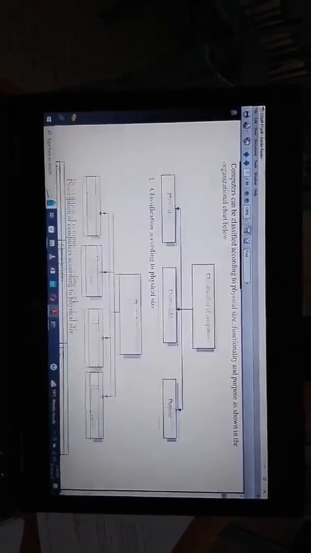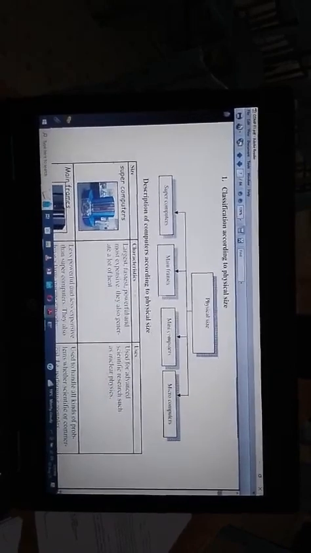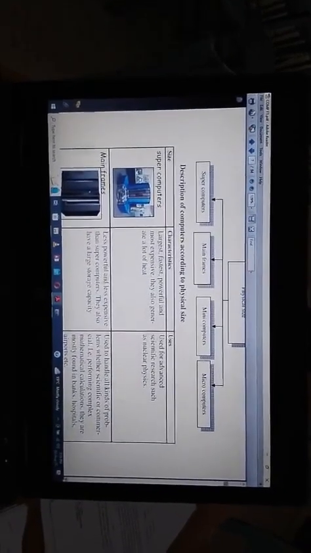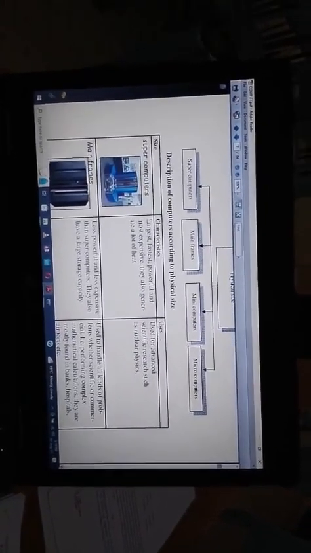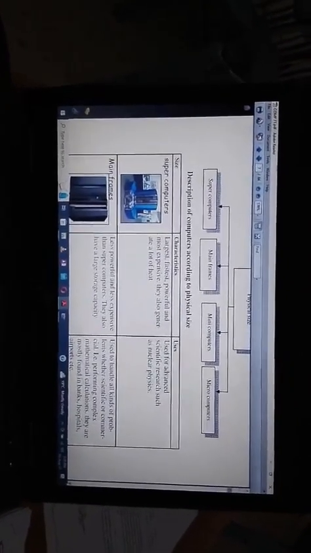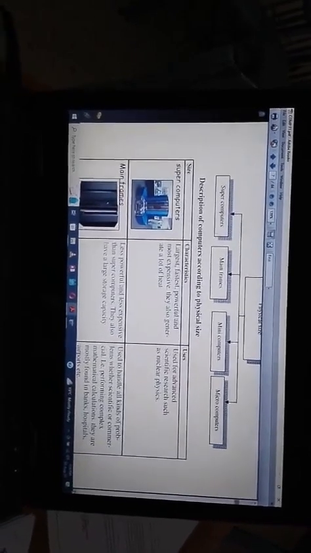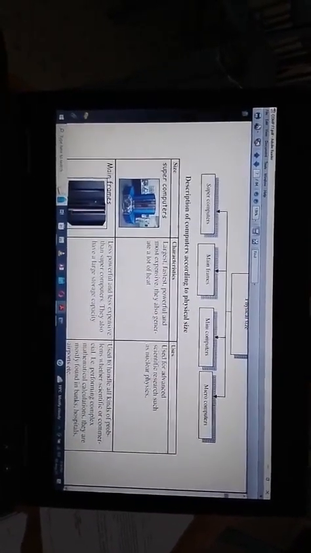And the first classification of computers according to physical size is supercomputers. The characteristics of supercomputers: one, it is very powerful. It's the fastest. And of course, it generates a lot of heat.